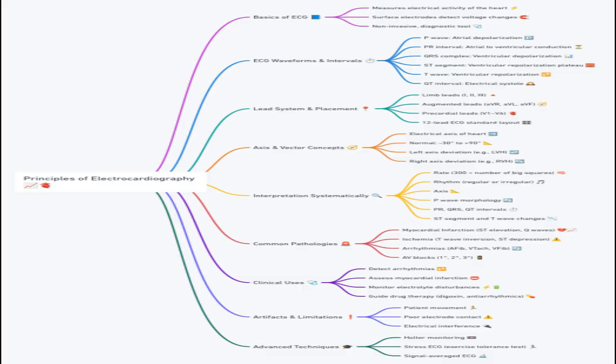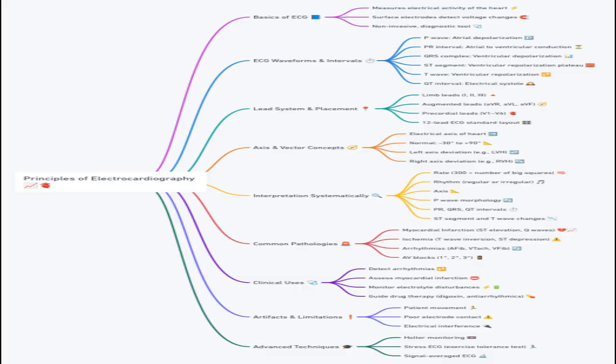The ST segment is typically isoelectric and deviates during pathologies. The importance of measurements is that accurate interval measurements are crucial for diagnosing conduction delays, ischemia, and potential arrhythmogenic conditions.